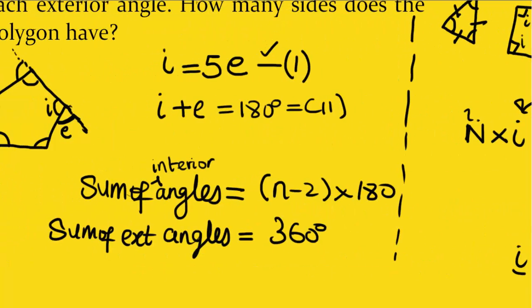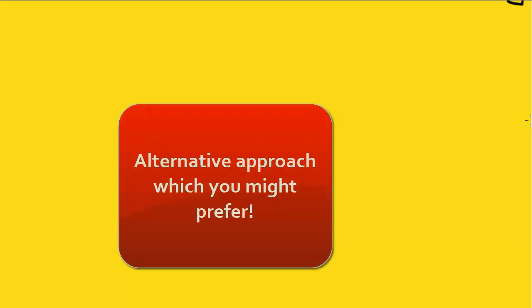So we know that the sum of exterior angles is equal to 360 degrees, and we found that each exterior angle was equal to 30 earlier. And just like with interior angles, the number of sides is equal to the number of interior angles, and is also equal to the number of exterior angles.